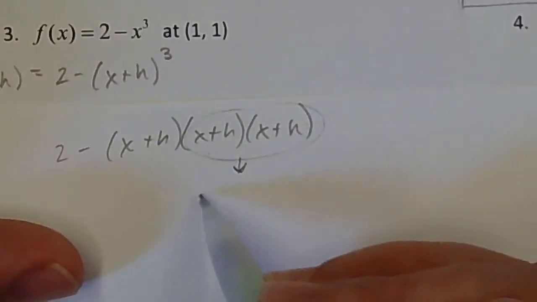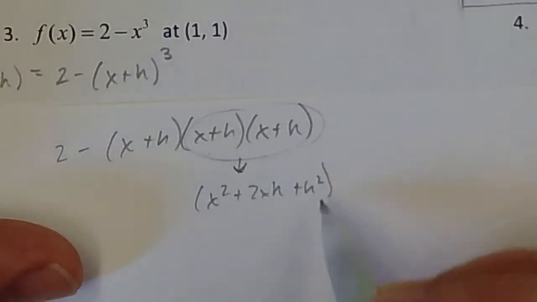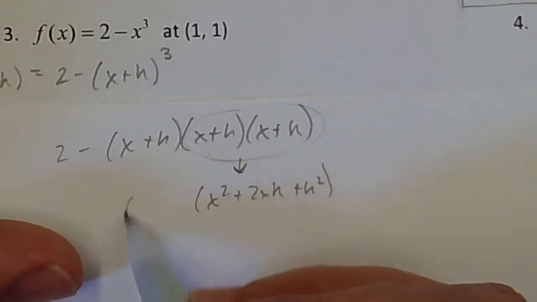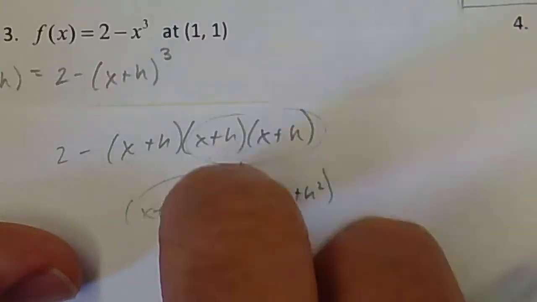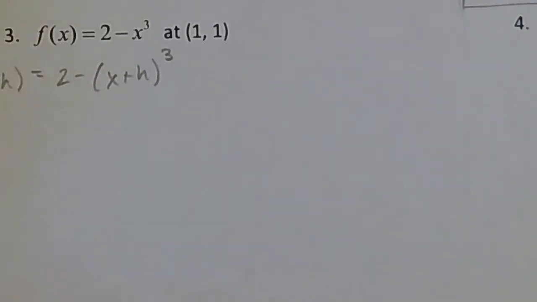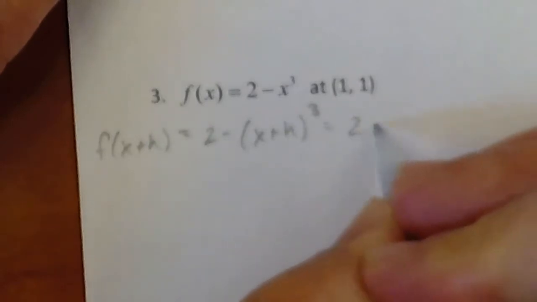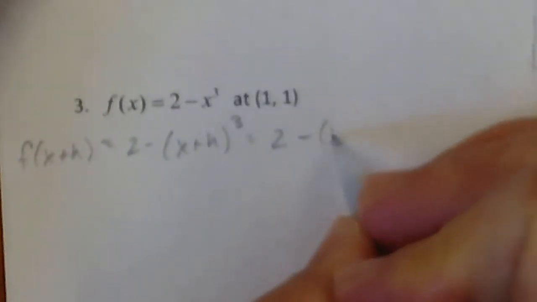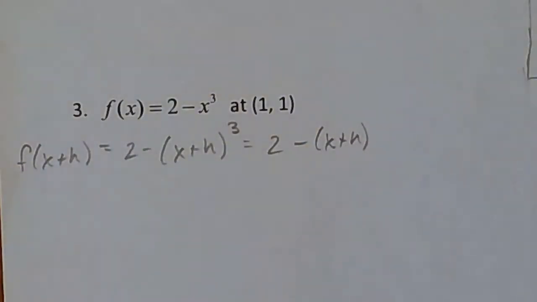So what I mean by that is this right here, I could say is x squared plus 2xh plus h squared, and then I'm just going to now bring the x plus h down and just distribute that, okay? So that's what I'm going to write up here. So we have 2 minus x plus h, and again, I'm stealing the x plus h squared from the math we already did.